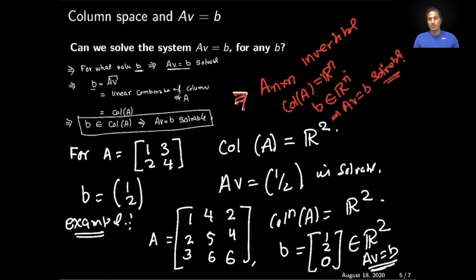That's why the column space of the matrix is really important. If we know the column space of the matrix, we know which linear systems are soluble and which are not. In this video, we only learned how to calculate the column space by using the geometry of the problem. In the next video, we will learn a more analytical way to calculate the column space.